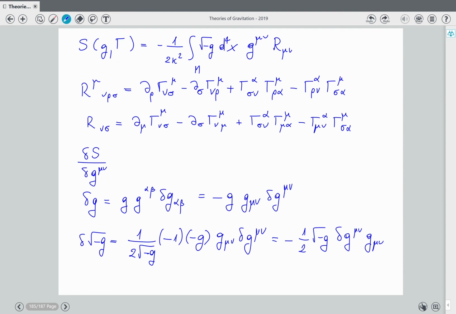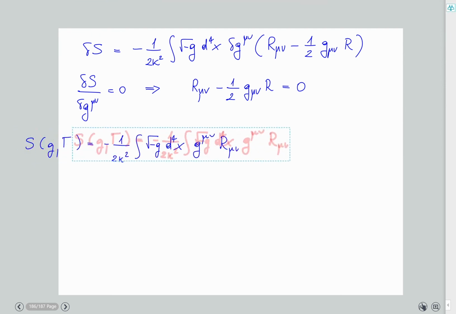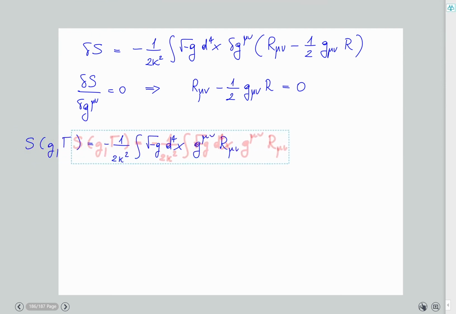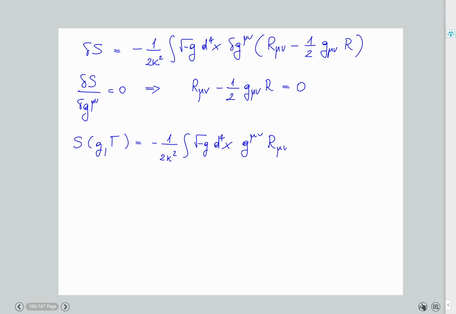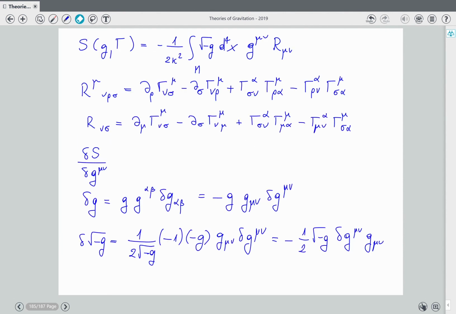So let's copy the action and see what we can do. We just copy the action here. We're not doing anything. We just replace R mu nu with what it is. R mu nu is that, but we have to change the names of all indices.